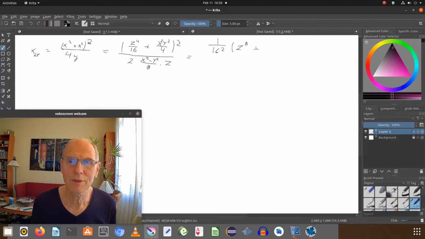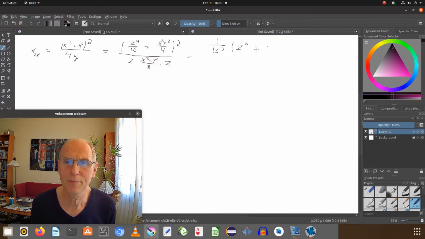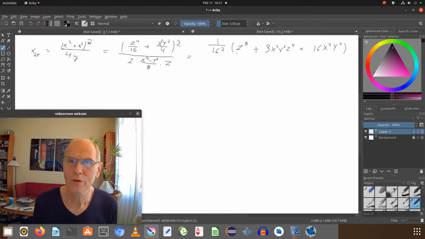So now this is difficult. If we take it out, then it's 4 here. No, if we take 1/16 out, it's 4 here. So double the product is 8. And 16. So the total, the order of each monomial here is 8, all right.